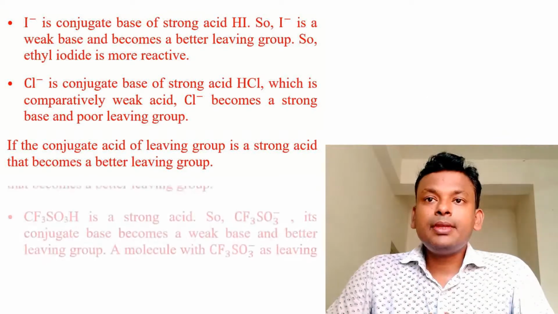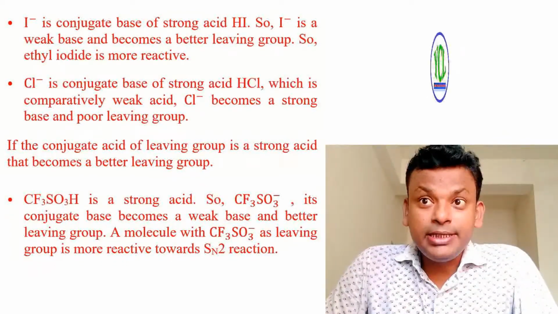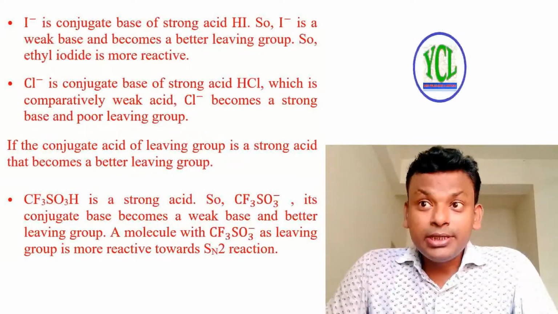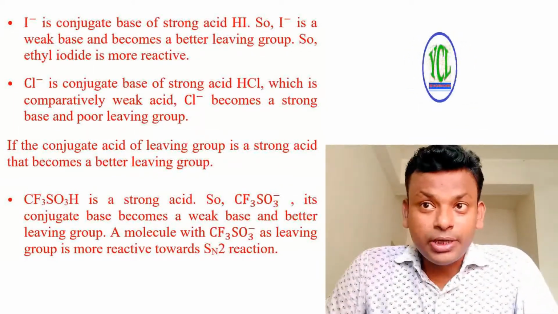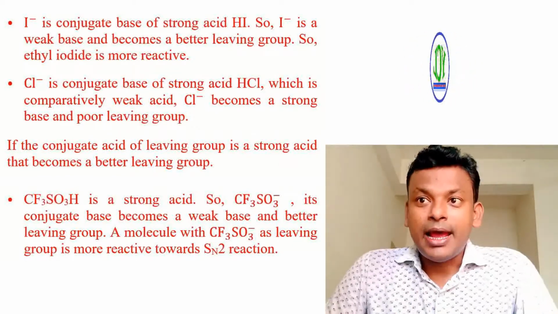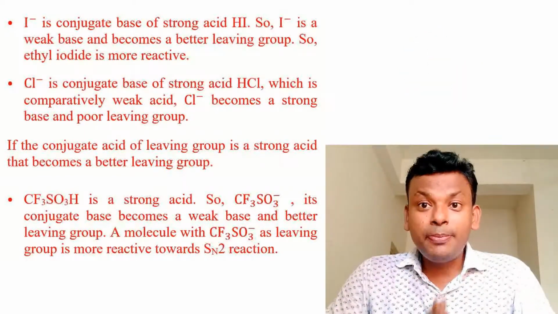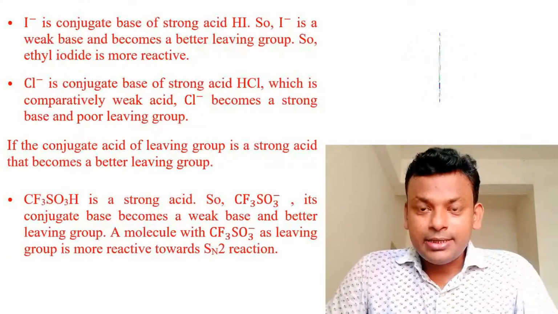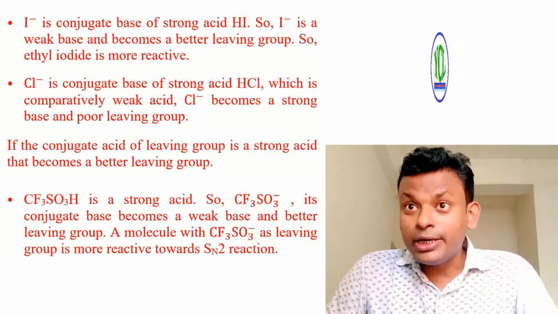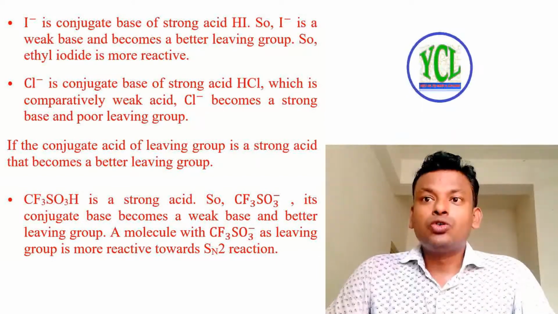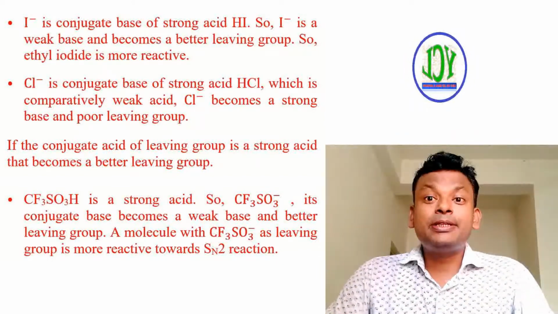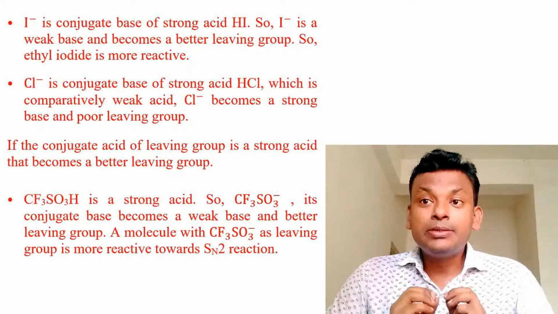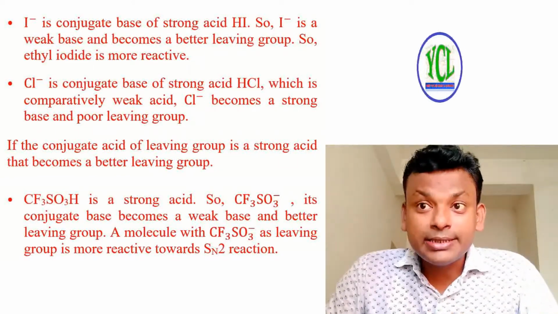Next, CF3SO3H is a strong acid, so CF3SO3 negative, its conjugate base, becomes a weak base and a better leaving group, means a weak base is a better leaving group. A strong acid gives a weak conjugate base. So a molecule with CF3SO3 negative as a leaving group is more reactive towards SN2 reaction.